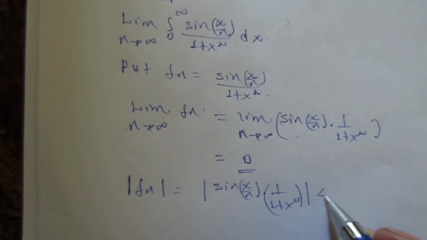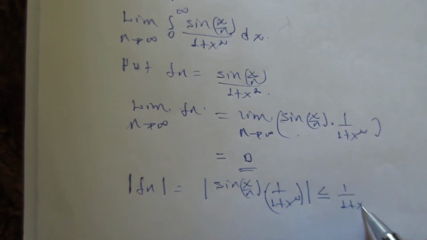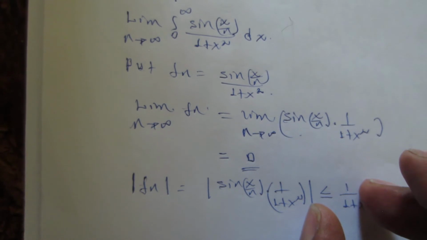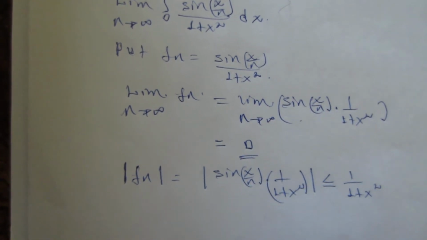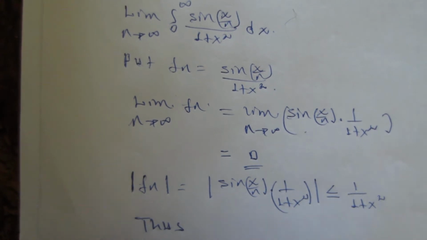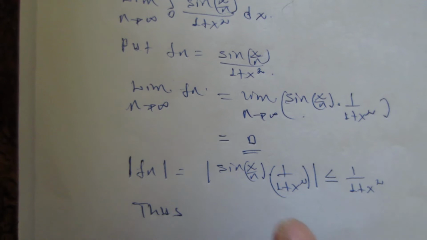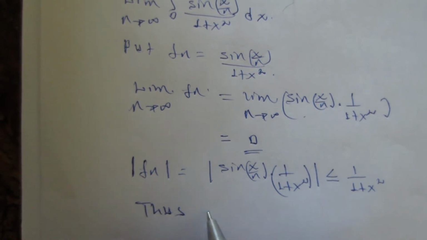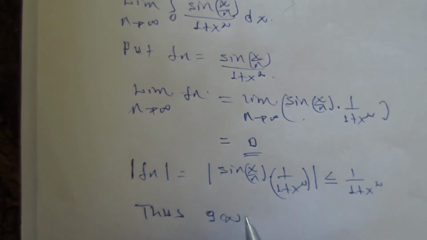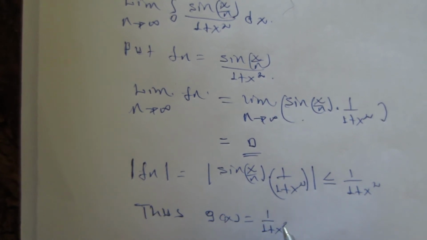This is always less than or equal to 1 over 1 plus x squared. It's clear. Thus the integrable function which dominates f_n is g(x) equal to 1 over 1 plus x squared.